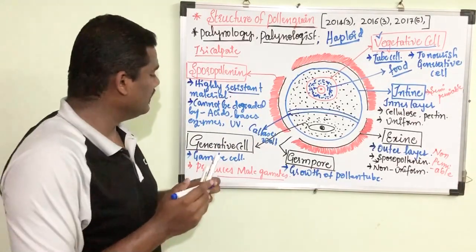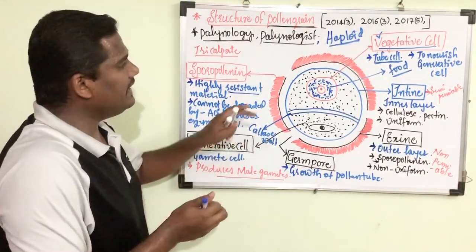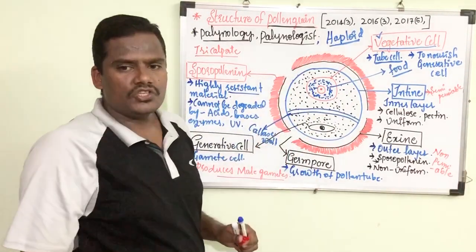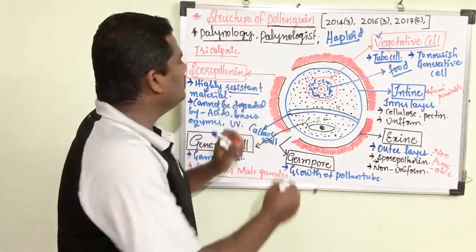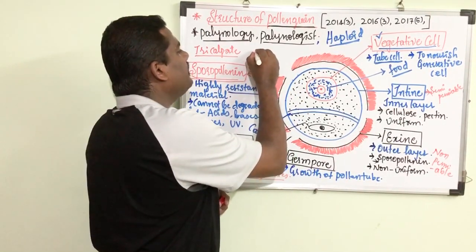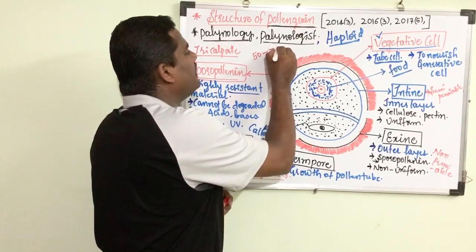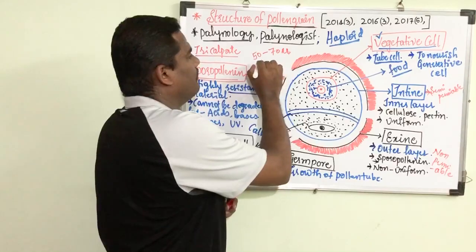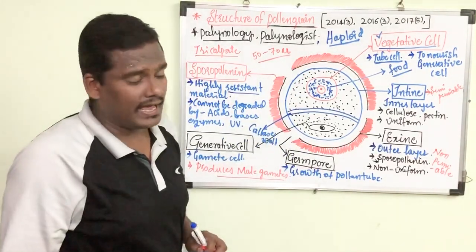Now let us understand the diameter of this pollen grain. This pollen grain may be 50 to 70 microns in diameter.